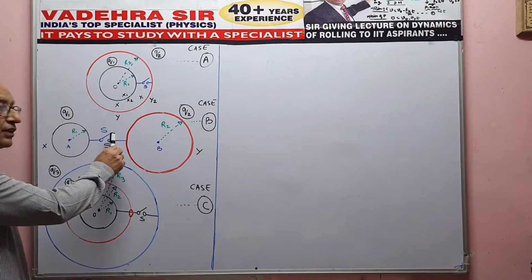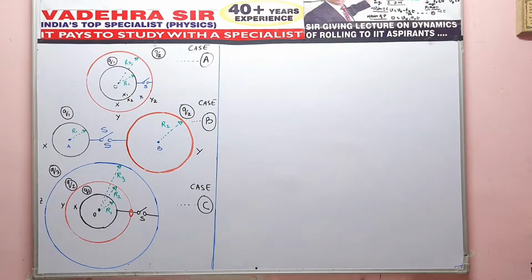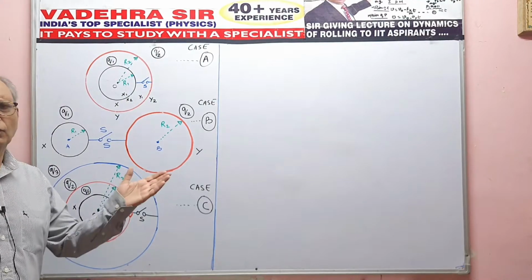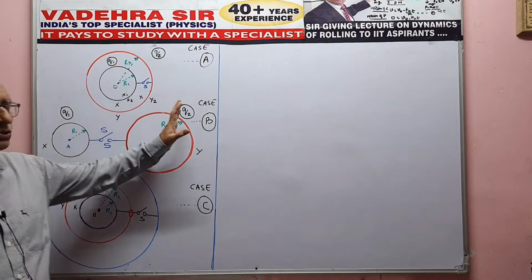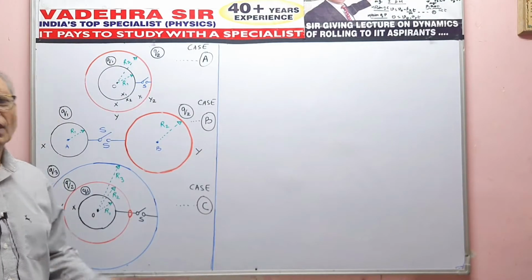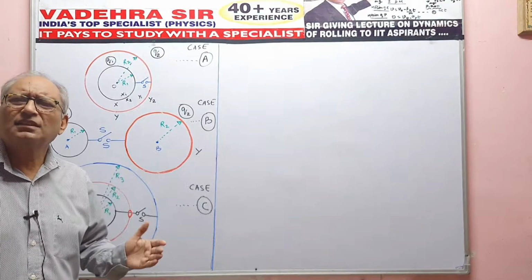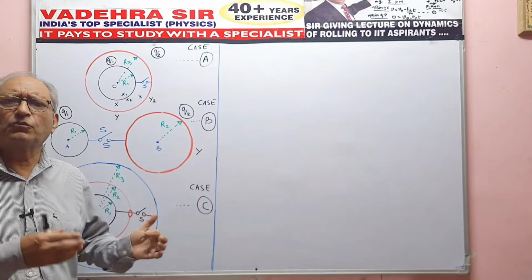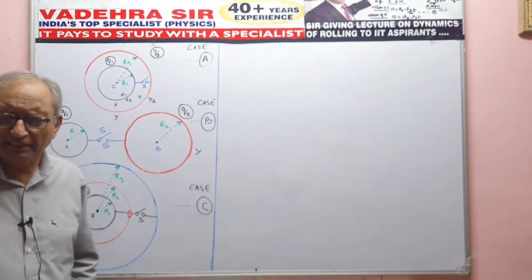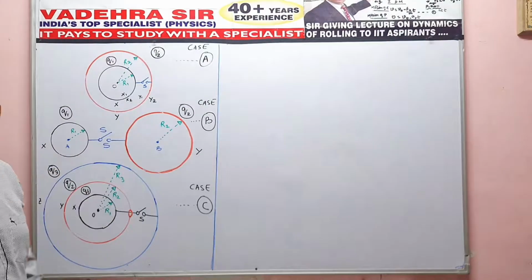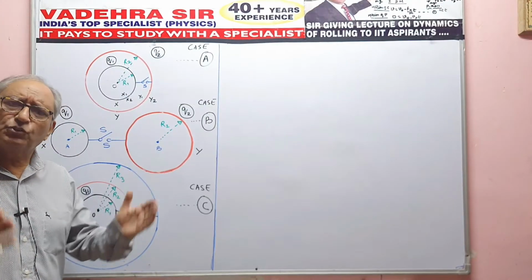The switch right now is open. So no issue. Q1 is on plate X, Q2 is on plate Y, and whatever I want to ask, well, what is the capacitance of the system, what is the energy of the system, what is the potential difference of the system, that can easily be done. I have already done that in one of my earlier videos. You can refer to my video library.